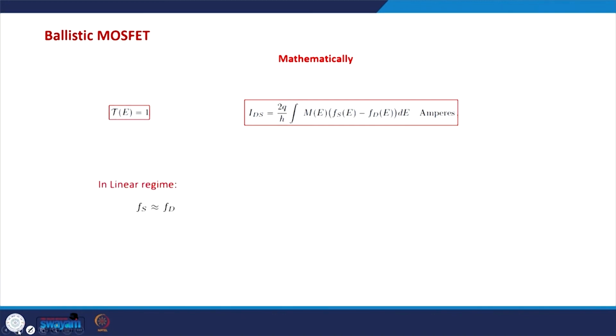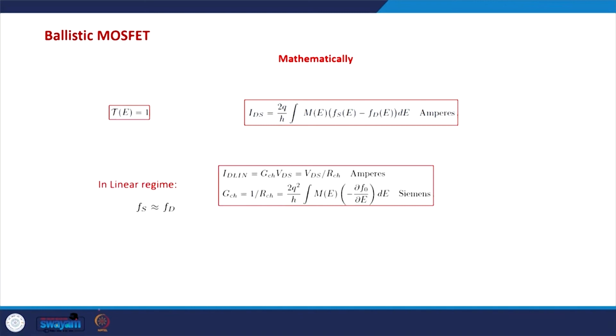In the linear regime, when the applied voltage is very small, the source Fermi function is very close to the drain Fermi function, and Fs minus Fd can be approximated by minus ∂F/∂E times qV.